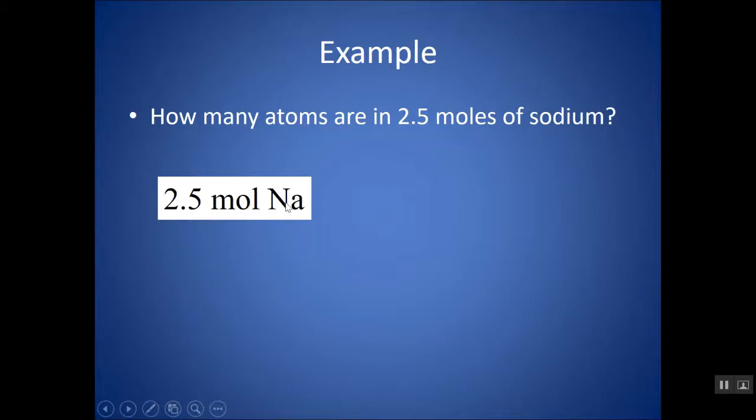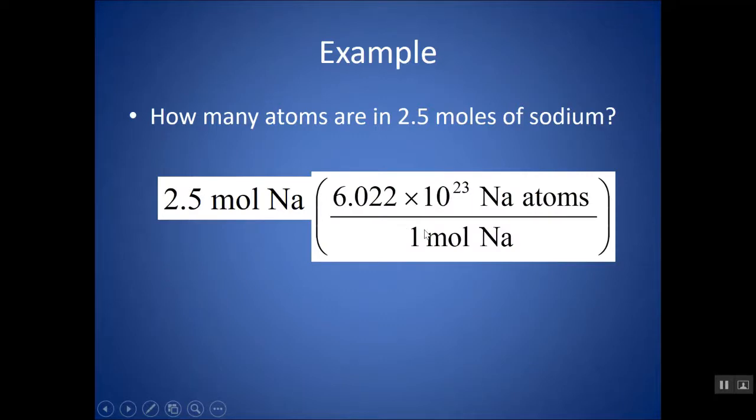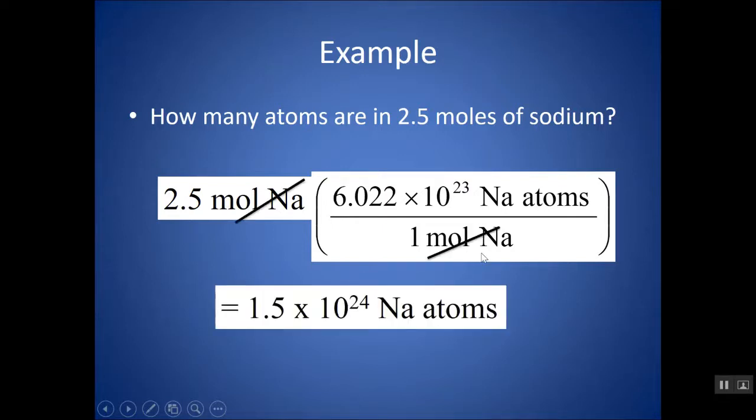So with 2.5 moles of Na, I want moles on the bottom and number of atoms on top, and that's when I'm using that 6.022. There's 6.022 times 10 to the 23rd atoms in 1 mole. In my calculator, I would get 1.5 times 10 to the 24th sodium atoms.